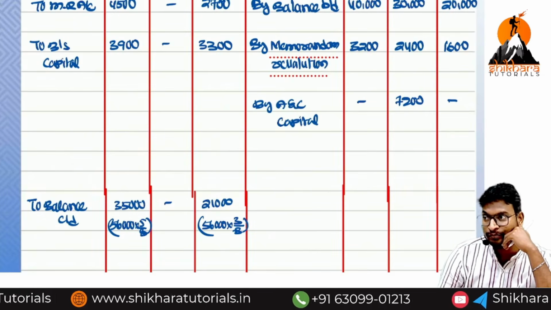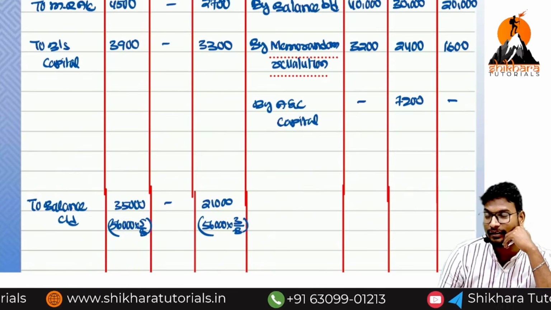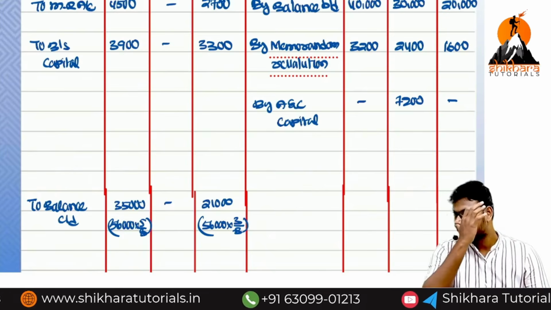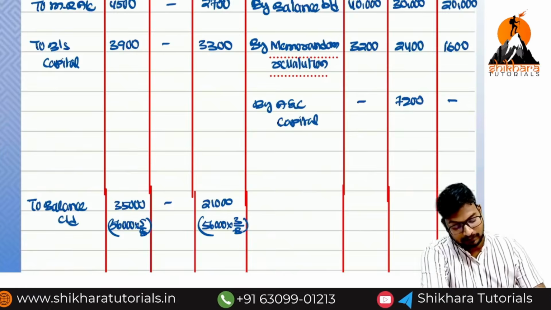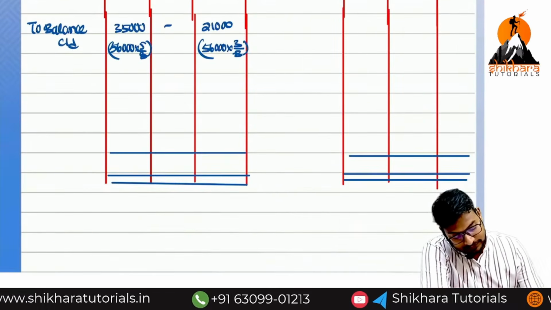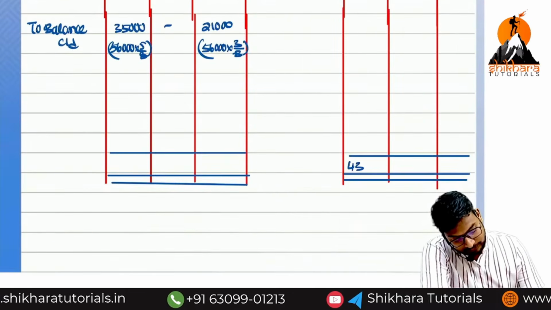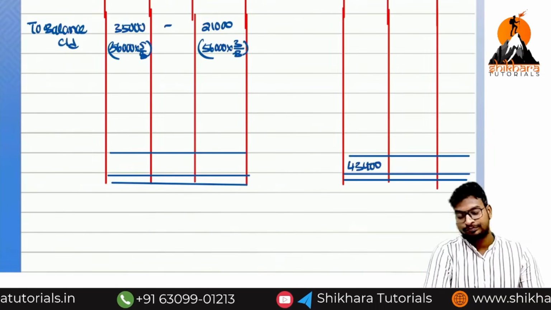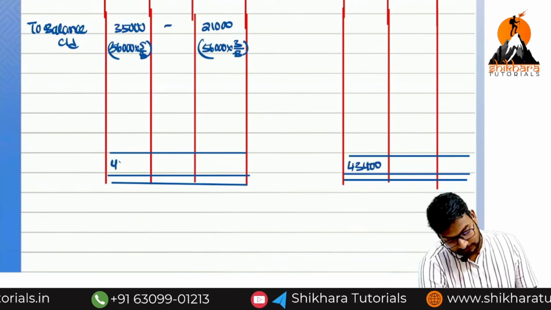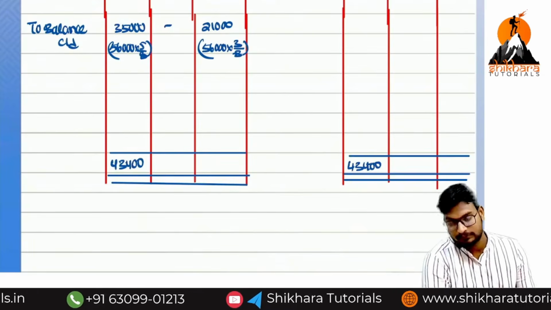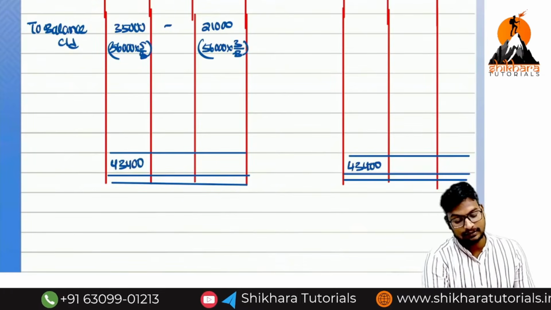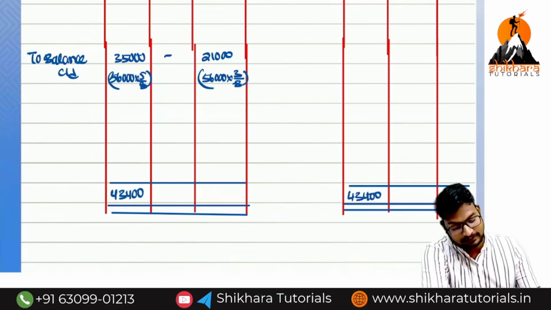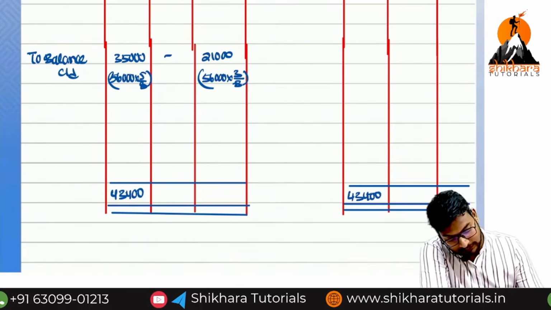Proved. Okay, total 43,400. What is the balancing figure? 200. Which side? Right side. Okay.